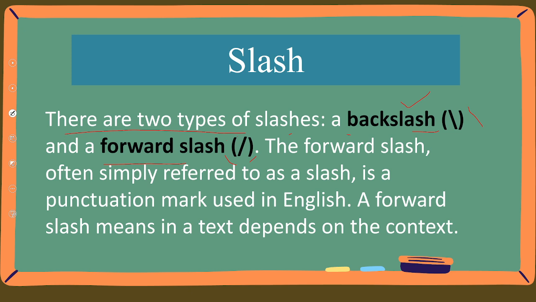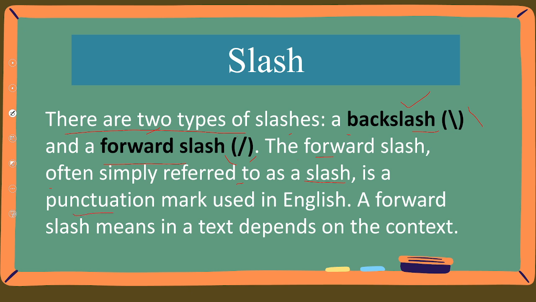It's a backslash, and this one over here, which we use extensively in the English language in writing, we call slash, but it is a forward slash. The forward slash is often simply referred to as slash because it is a very common slash in writing. So we can also call it slash simply.